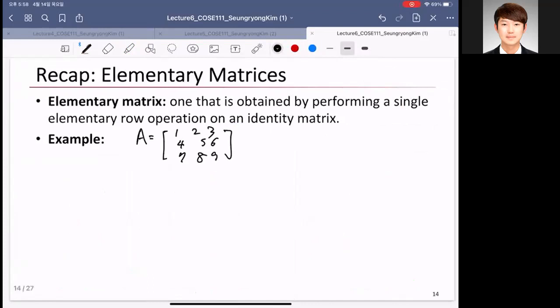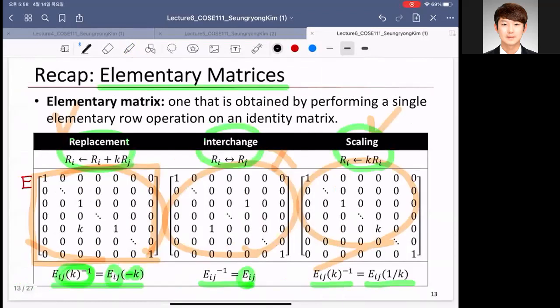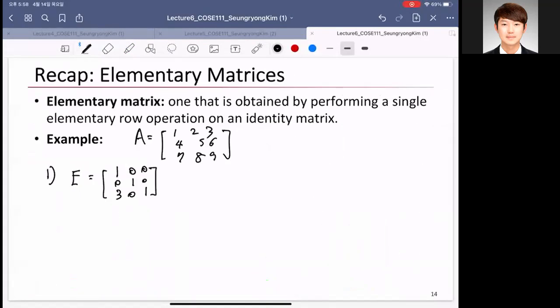Then, first of all, let's suppose that the elementary matrix for the replacement, for example, is E. From the definition, we already know this matrix E, 1, 0, 3, 0, 1, 0, 0, 0, 1, can make a replacement on row 3 with 3 times row 1.